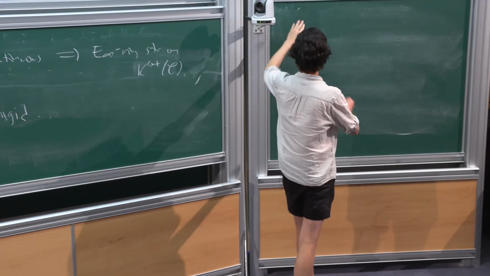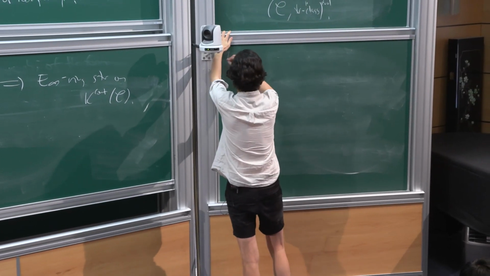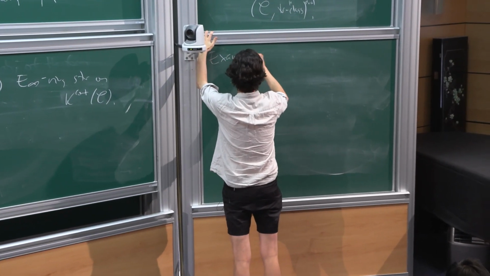So now some examples in analytic geometry.